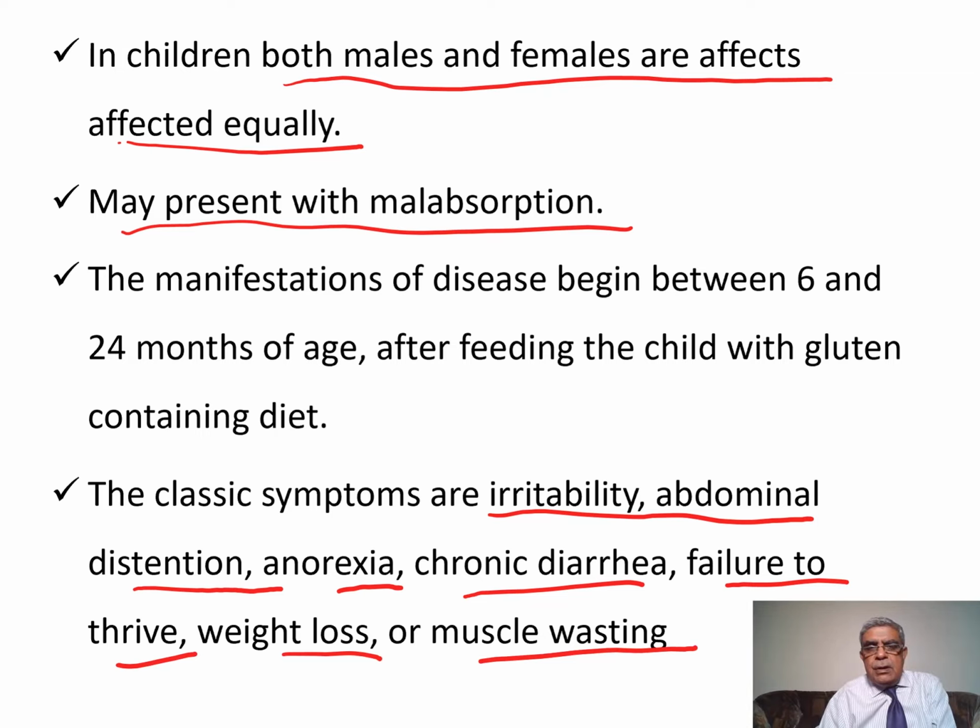So we were discussing the classical symptoms: irritability, abdominal distension, anorexia, chronic diarrhea, failure to thrive, weight loss, or muscle wasting. And in children, both males and females are equally affected, may present with malabsorption, and manifestations are seen between 6 to 24 months of age after feeding the child with gluten containing diet.